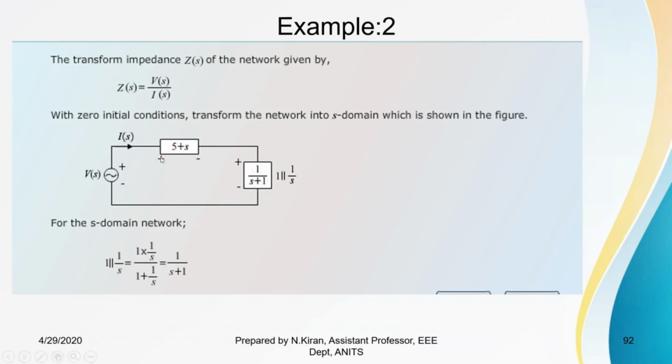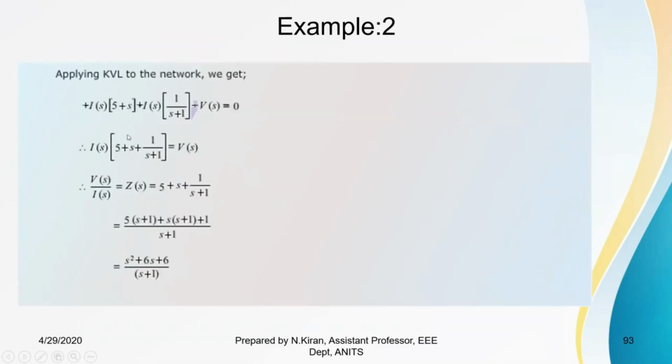on applying KVL, this becomes (5+s) I(s) plus 1/(s+1) I(s) equal to V(s). On simplification, if I find the ratio V(s)/I(s), it will give me the transform impedance function.